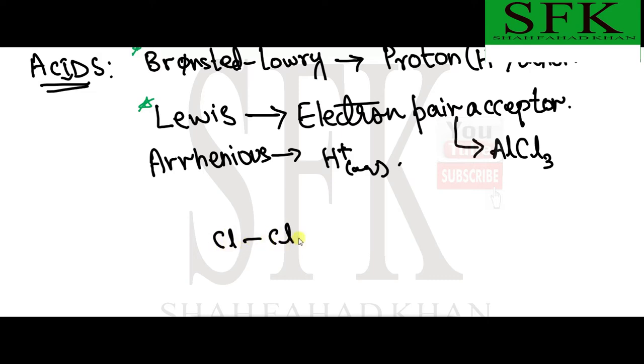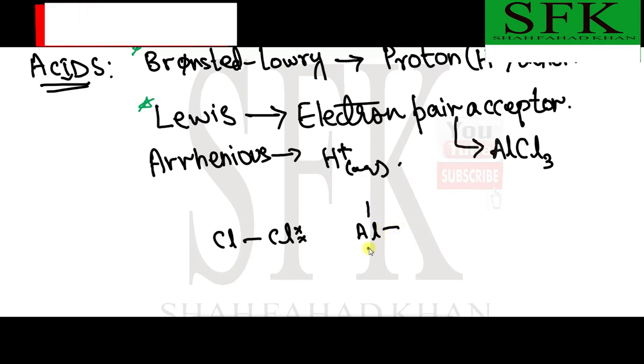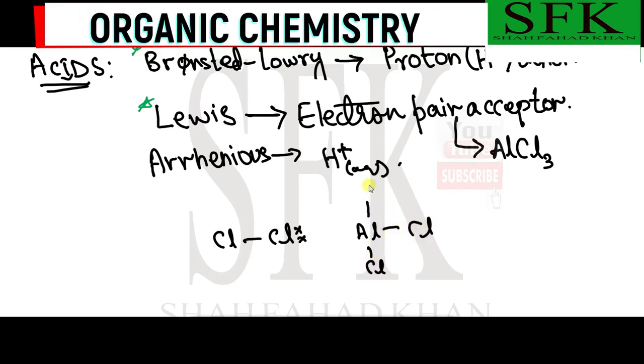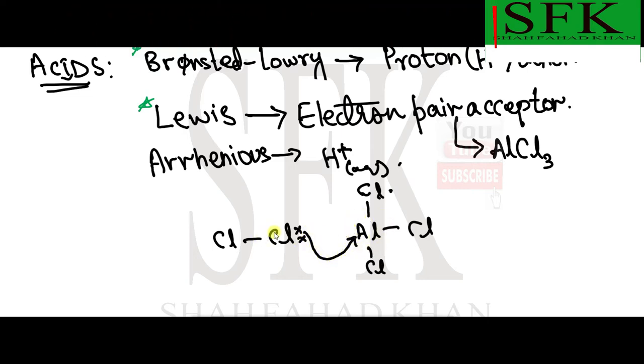The chlorine atom donated its electron pair to the aluminum atom, so this molecule is accepting electron pairs. Any compound that accepts electrons is a Lewis acid.